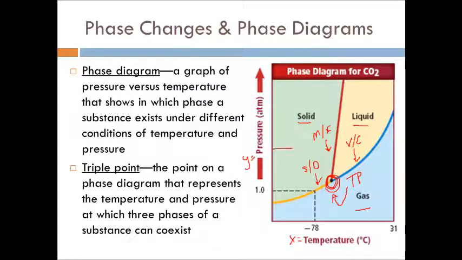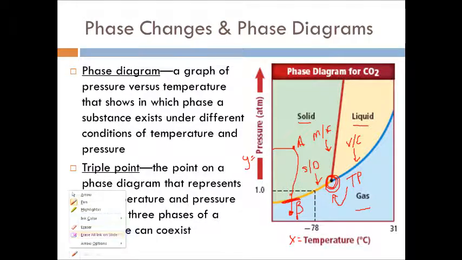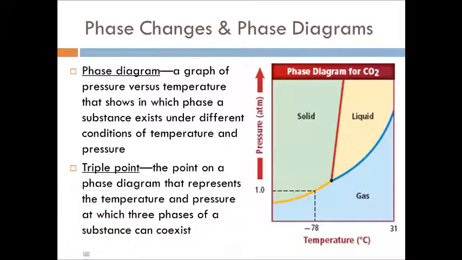Let's say we started here, and we're going to go down to here. So, if we're changing from point A to point B, it would be a sublimation because we're going across this line right here. That's what I mean by know what phase change is occurring.